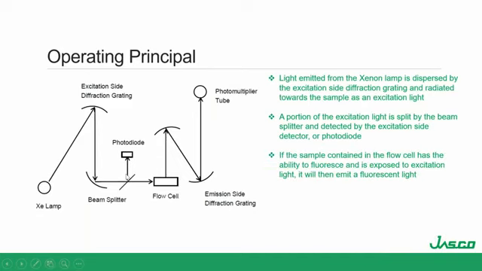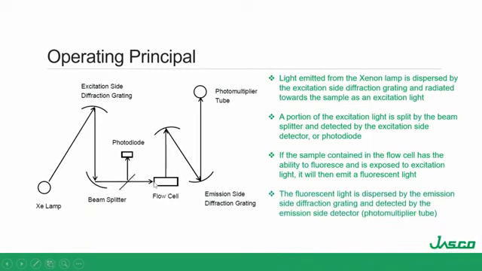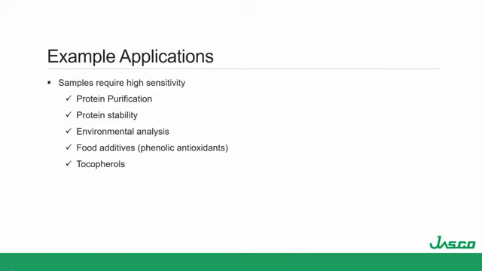From there, if the sample contained in the flow cell has the ability to fluoresce and is exposed to excitation light, it'll then emit a fluorescent light. And then the fluorescent light is dispersed by the emission side diffraction grating and detected by the emission side detector, the photomultiplier tube.